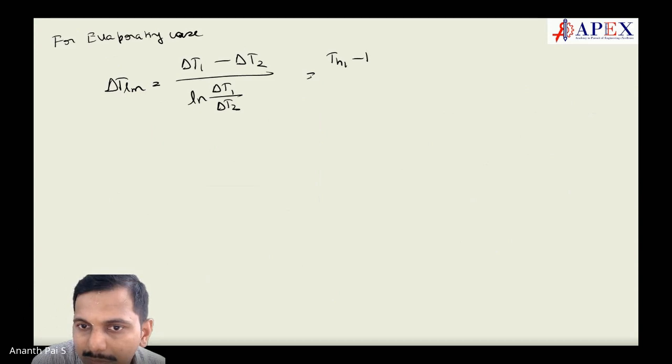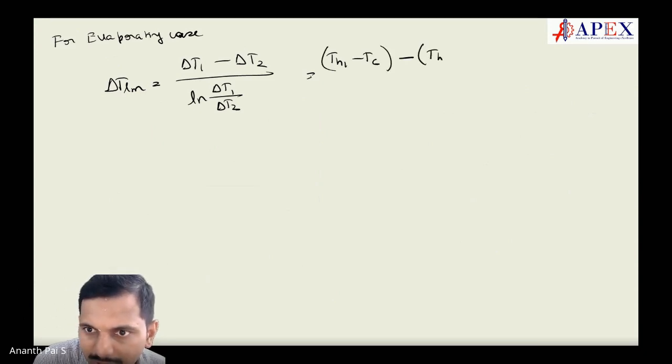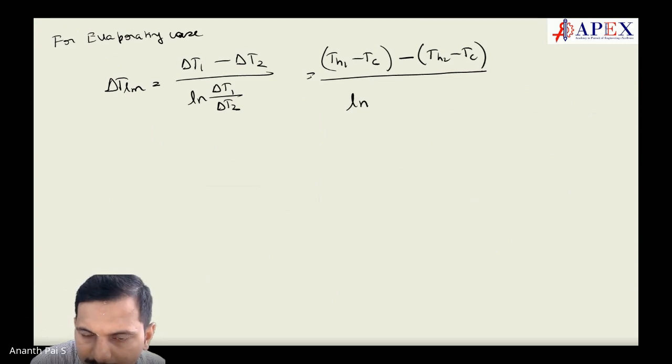TH1 minus TC, which is at a constant temperature, minus TH2 minus TC, which is also at constant temperature, divided by log of TH1 minus TC divided by TH2 minus TC. Write it along with me, students. It's easy, just substitution.